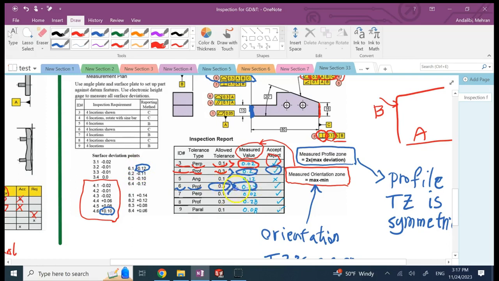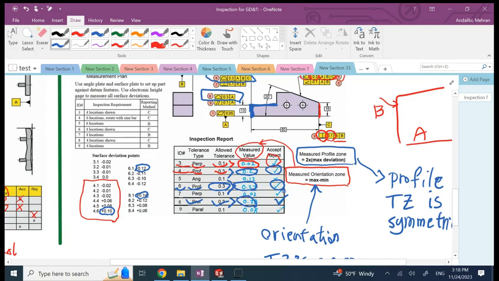Again, this is less than that, so it's still accepted. And finally, 8, which is another profile here for this guy. Again, it's 0.3, and in this case the maximum value multiplied by 2 is 0.28. Again, less than 0.3, so it's accepted.